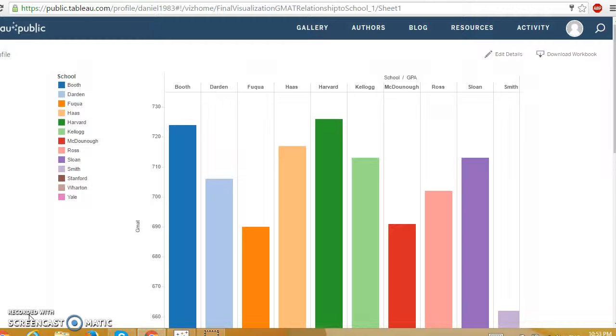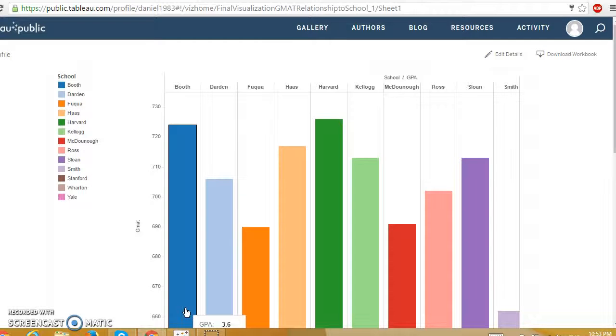My topic is GMAT scores and GPA ranges and how they compare against 13 US business schools in terms of MBA admissions. I picked this topic because I'm interested in business school and have been thinking about going later on.